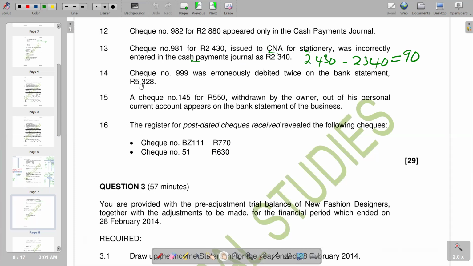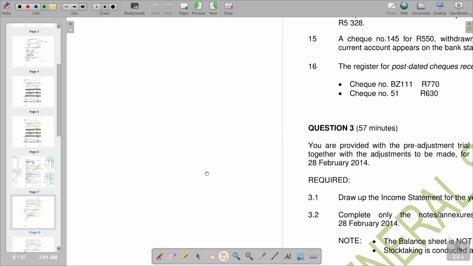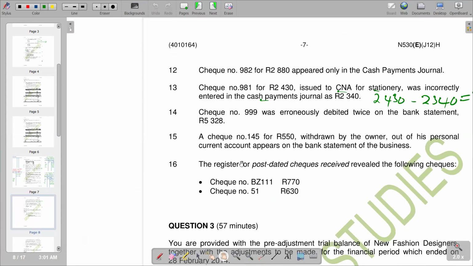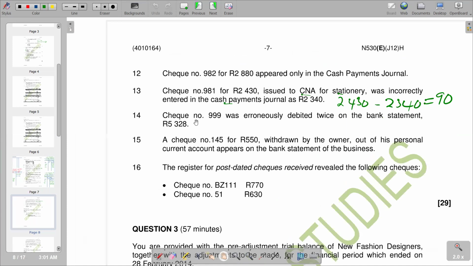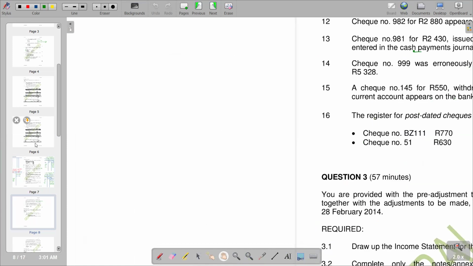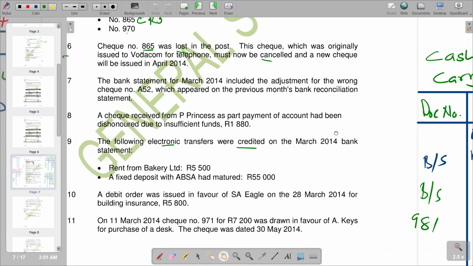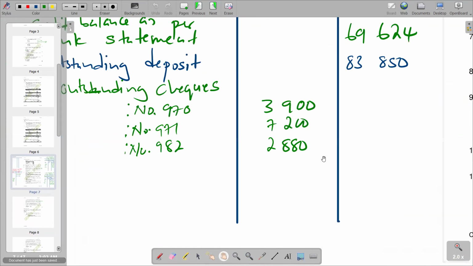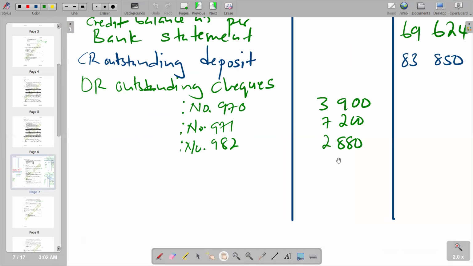So we go to the bank reconciliation, and the amount that we have, you can recheck, is 5,328. So we go to the bank reconciliation. We are here and we are saying we are crediting check number 999 incorrectly debited.